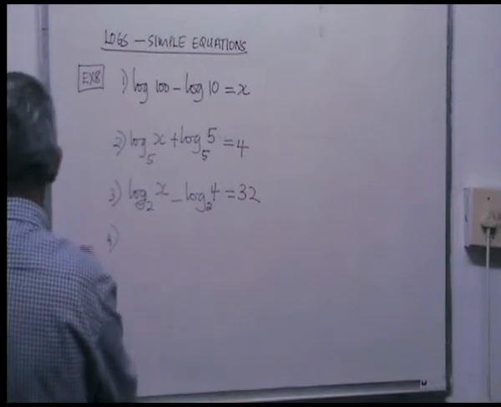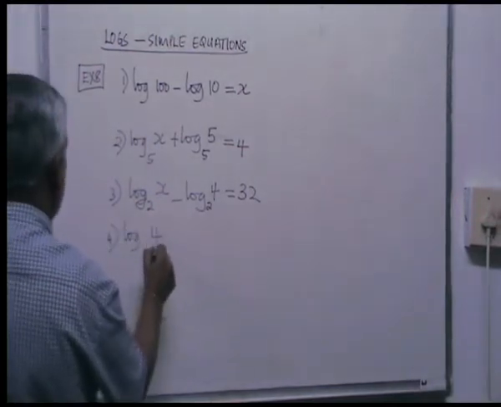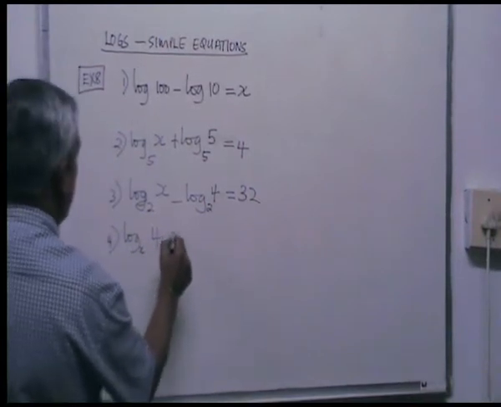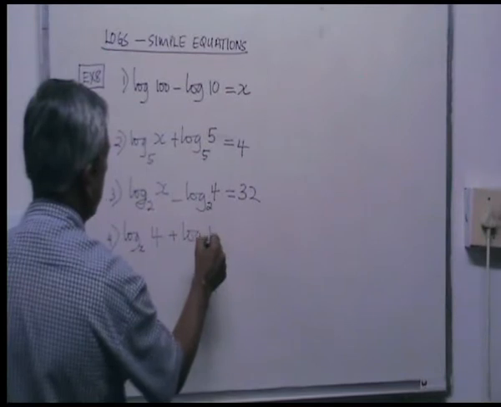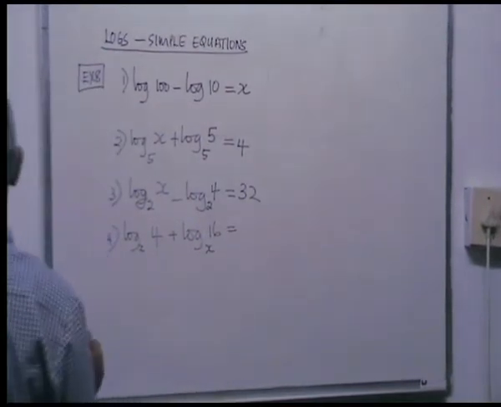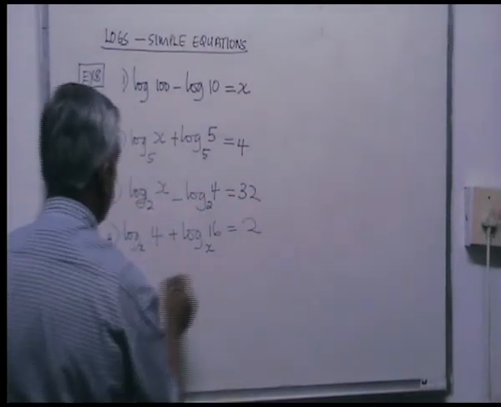Number 4: log of 4 to the base x plus log of 16 to the base x is equal to 2.